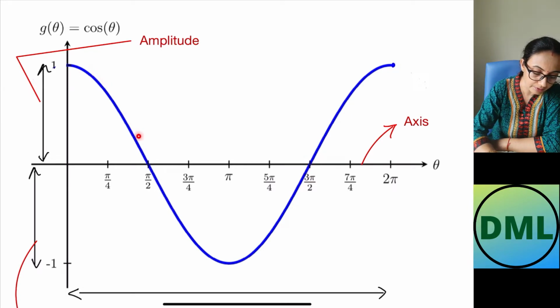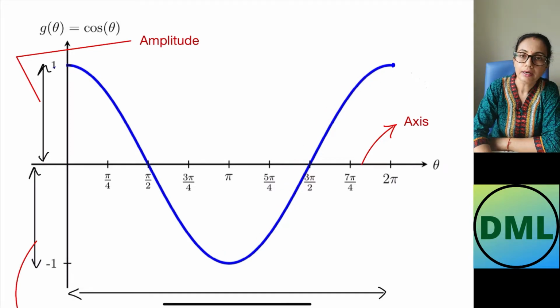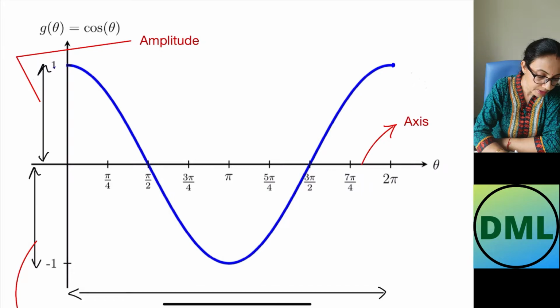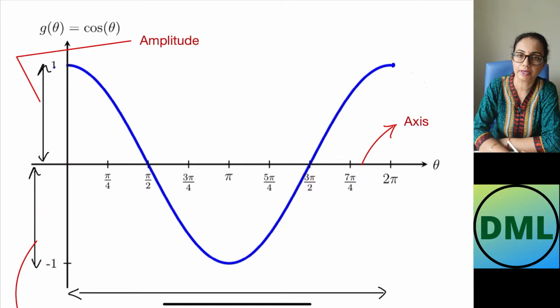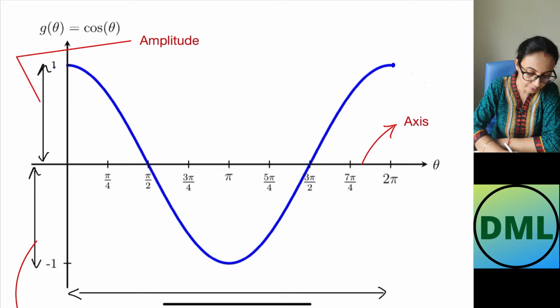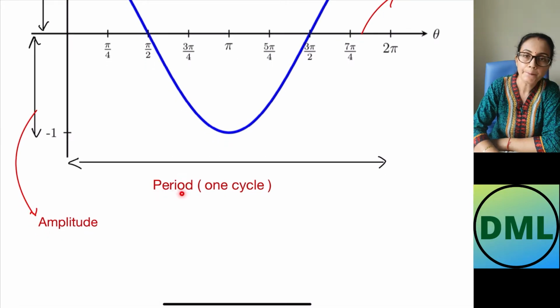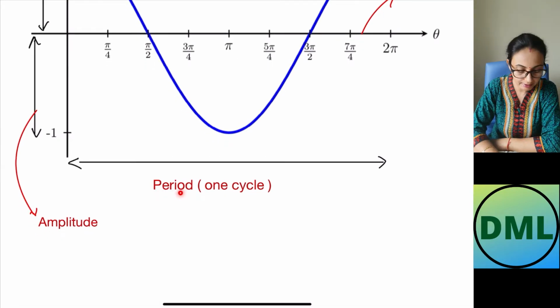So this is our cos graph in the radian mode, in which this is our axis. From 0 to 1, this is our amplitude in the positive direction of y-axis. From 0 to negative 1, this is our amplitude in the negative direction of y-axis. And from 0 to 2 pi, this is our one cycle. So you can also call this the period of the cos cycle.